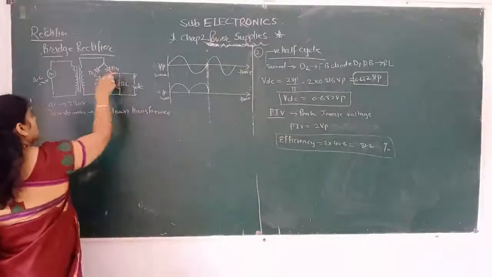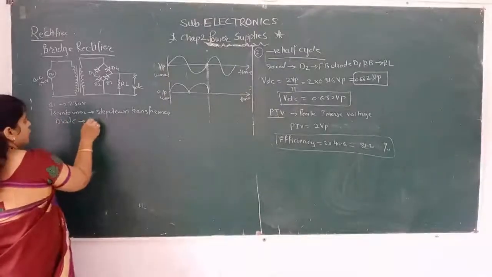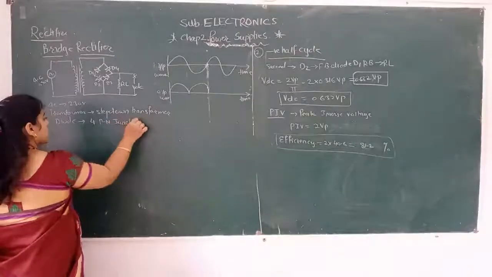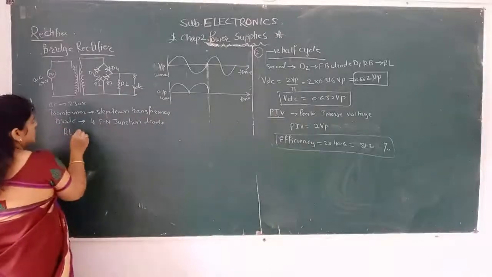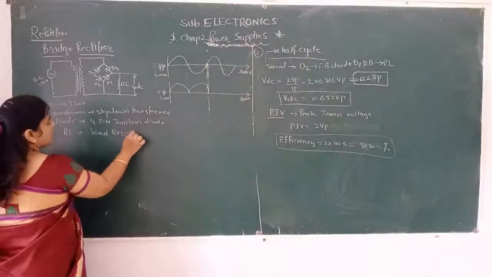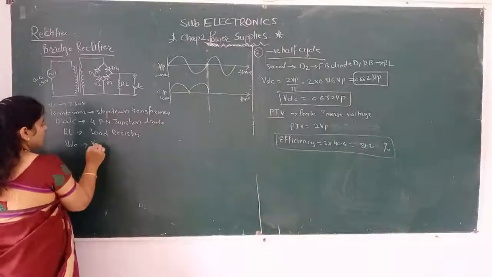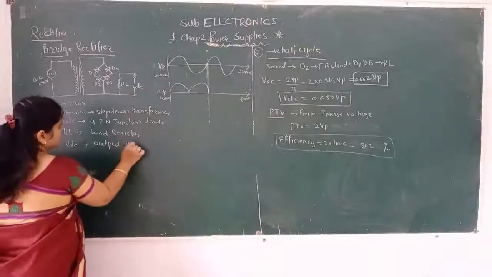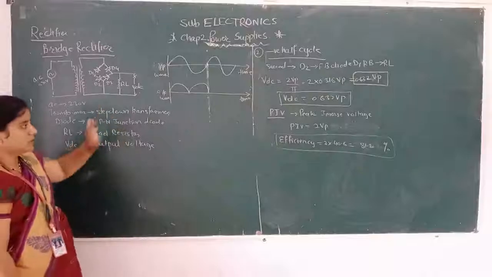Then 4 PN junction diodes, and a load resistor RL, and we get VDC, the output voltage across the load resistance.